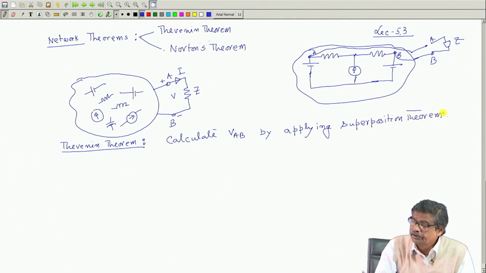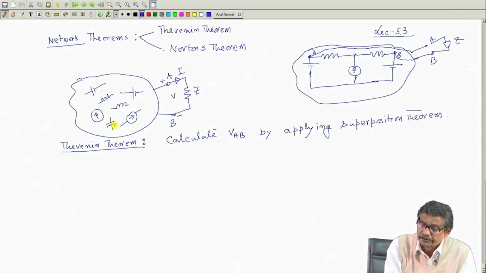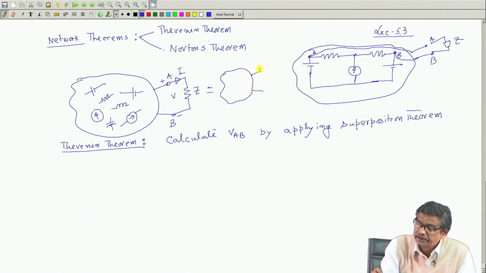Why the superposition theorem? Because there are so many sources, and this network can also be drawn like this. Internal things I am not drawing, these are there, A and B. Here, by the substitution theorem, I can say there is a voltage source I z. These two networks will be no different.